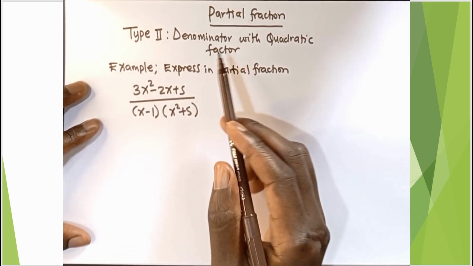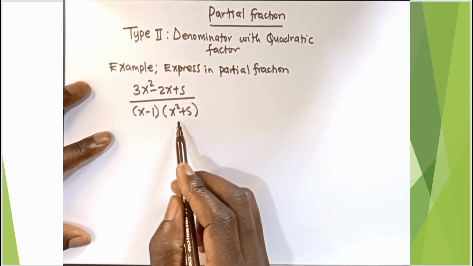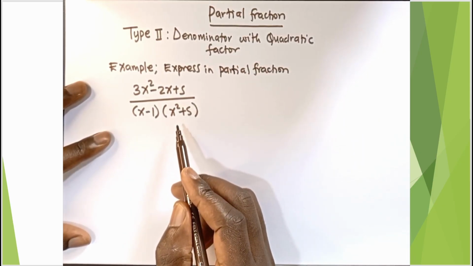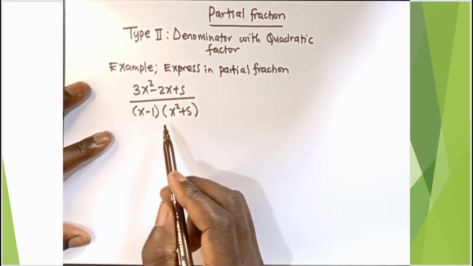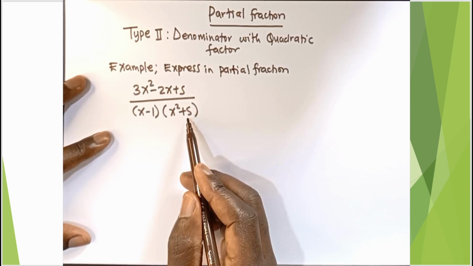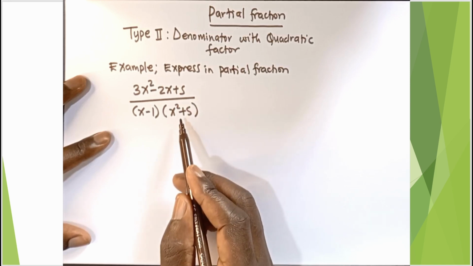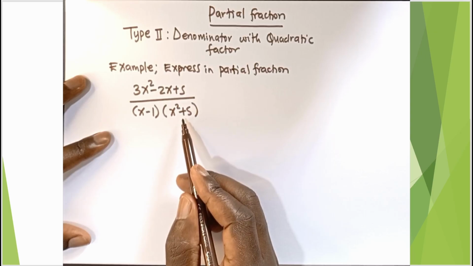So how do I identify that this is a quadratic factor? A quadratic factor is that factor that cannot be factorized or does not have real roots. For example, x squared plus 5 is a quadratic expression, but it does not have real roots if we equate it to 0, making it an equation.